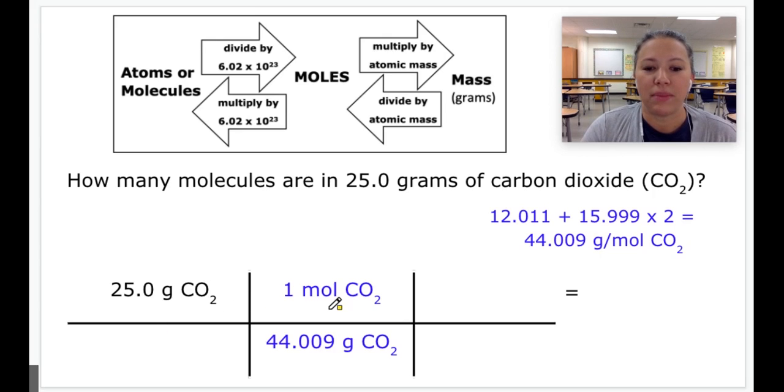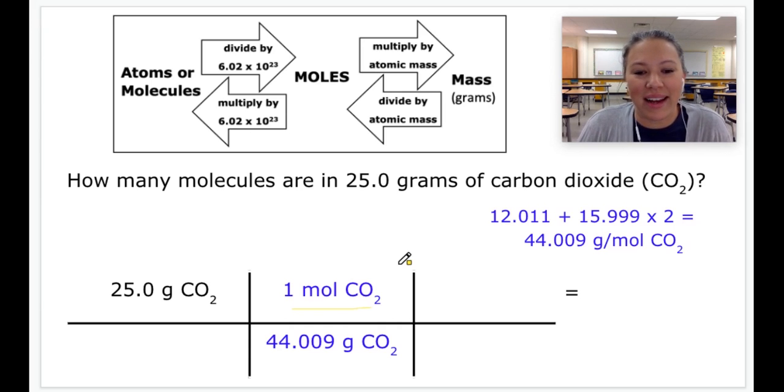1 mole is a placeholder. This is going to go on top. 2 things together equal each other. So 1 mole of carbon dioxide is equal to 44.009 grams of carbon dioxide. I'm not going to round my atomic masses or my molar masses. I'm not going to do any rounding until I get to my final answer.